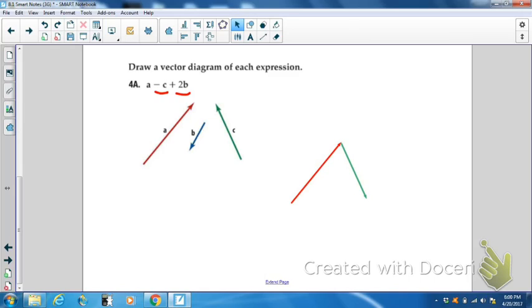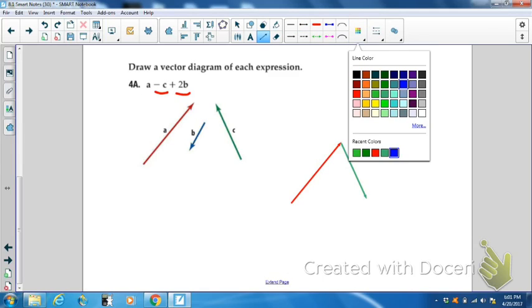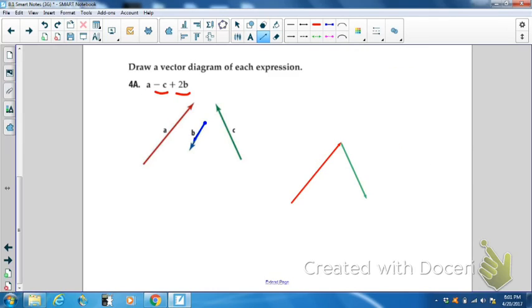And then plus 2b, b is going to double in length. But it's going to remain the same direction. So there's one.